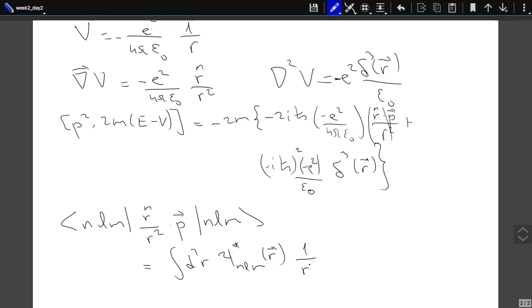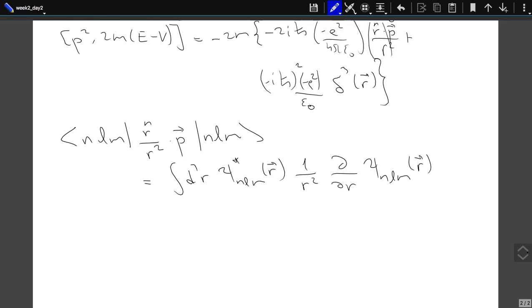So it is 1 over r squared, times d over dr, of psi n l m.